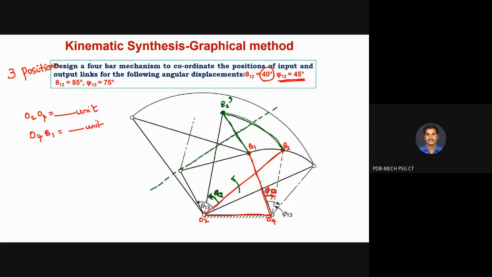Okay, so now coming to the second position. What is the second position of the crank rocker? 75 degree. So from position 1 to position 3, how much angle is the rocker moving? 75 degree, sir.